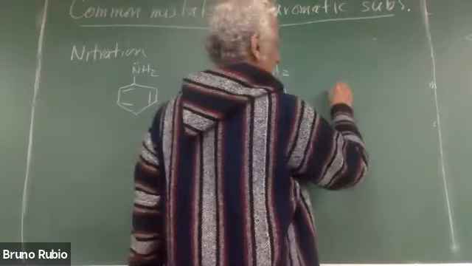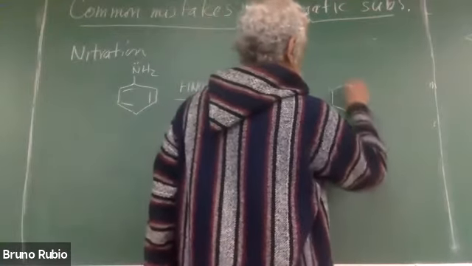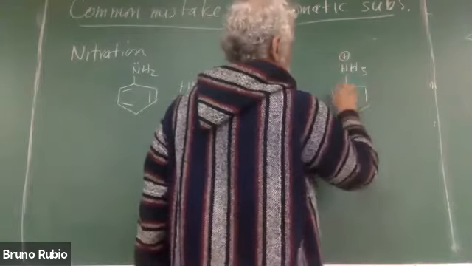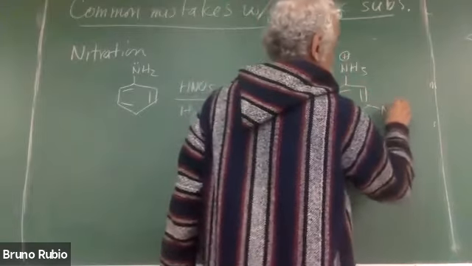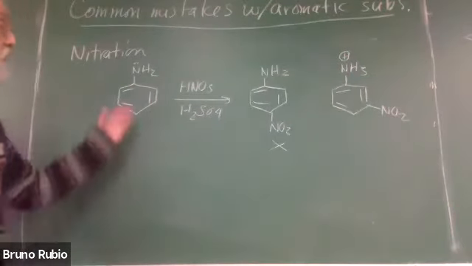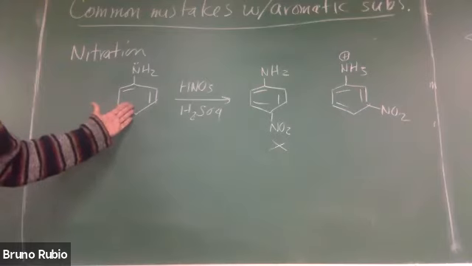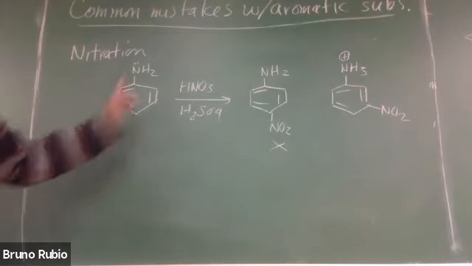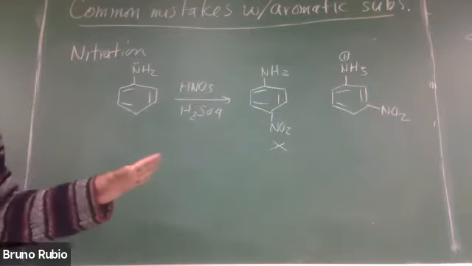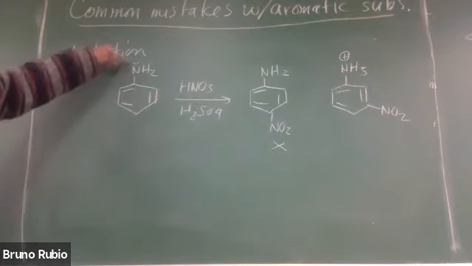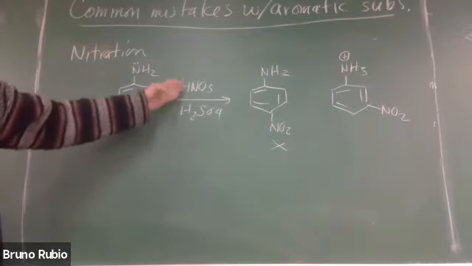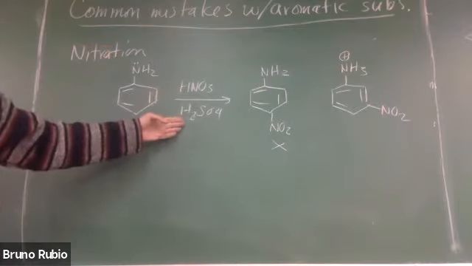What actually happens, believe it or not, is that the nitro substituent goes meta to something that started out as an ortho-para director. And you see that positive charge that I put on that nitrogen atom? Well, this explains what happens. Amines, these are bases, right? This is an extremely acidic medium here.